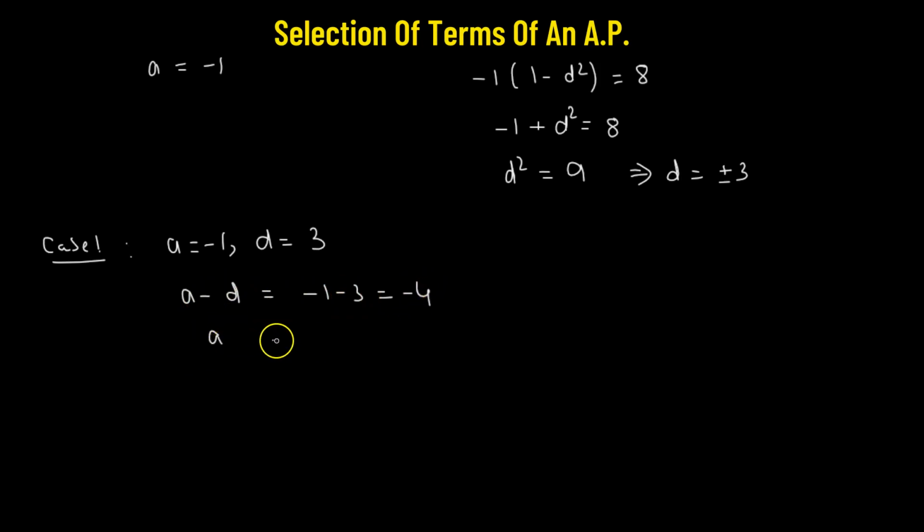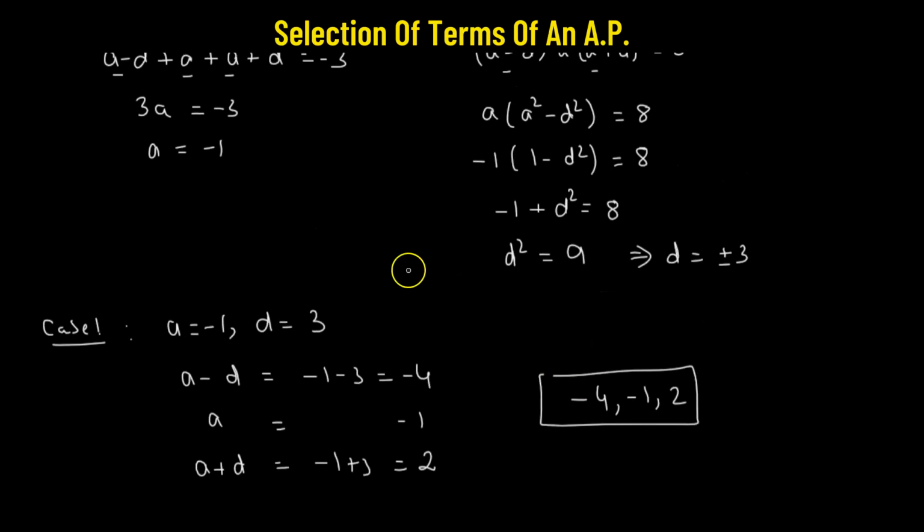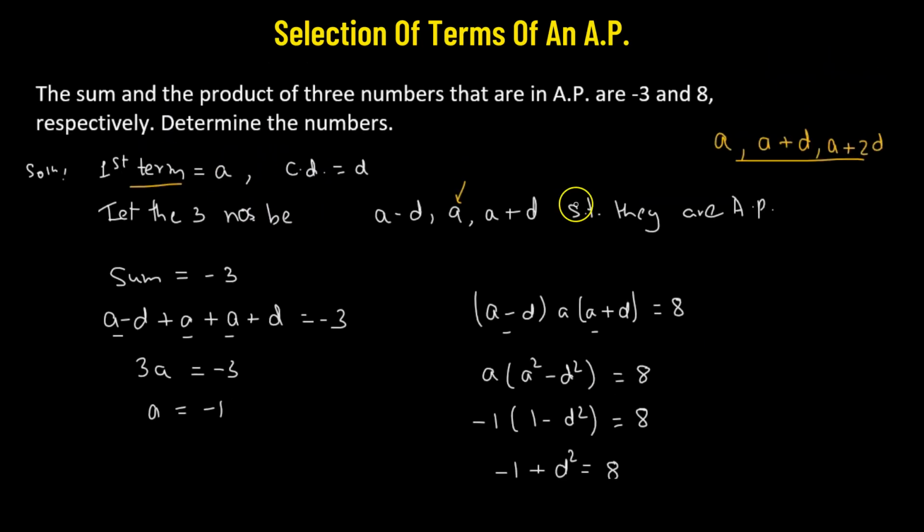Then a, the second term, is simply -1, and a plus d equals -1 plus 3, which is +2. So -4, -1, 2 are the three numbers in arithmetic progression, whose sum is -3 and whose product is +8.